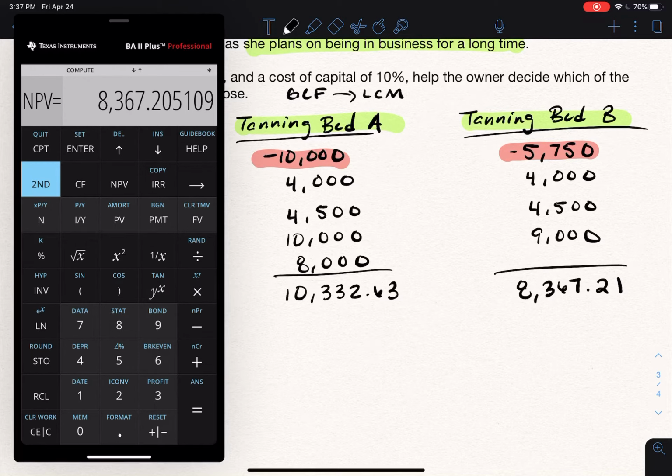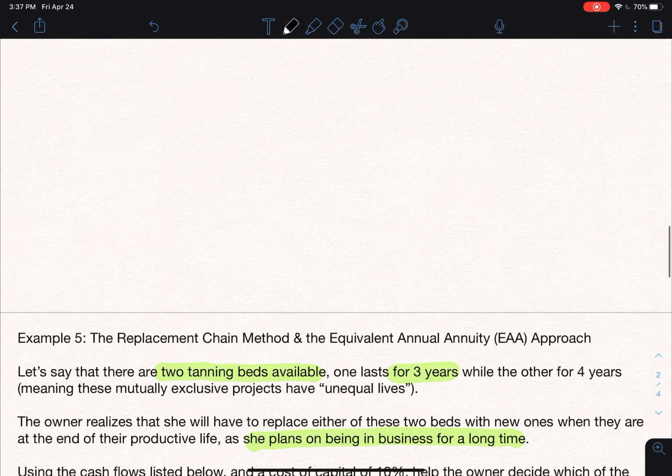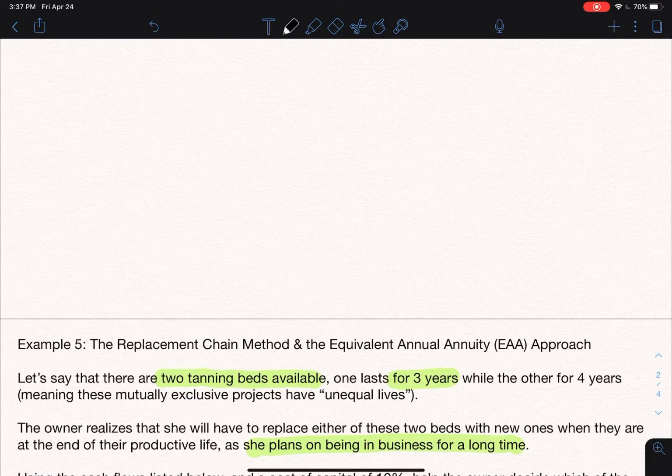So if we look at it on a timeline, let's move this out of the way for a second. I'm going to go back up here so I don't mess up with my math. If we look at this on a timeline, I'm going to draw two of them.